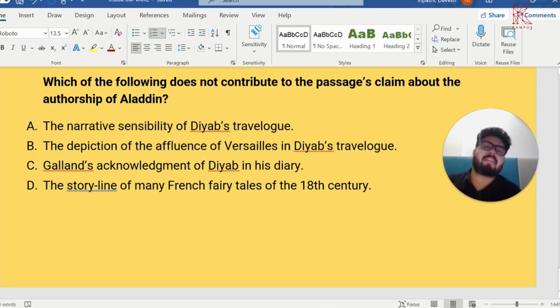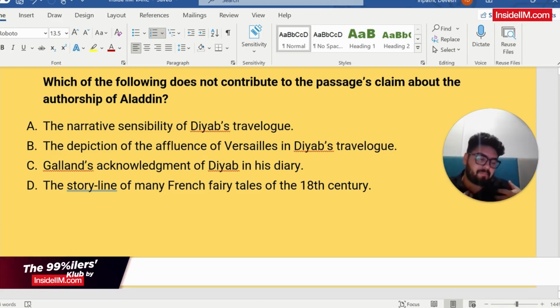People of Arab origin were more sensitive towards those riots, and this can be clearly described in the way Diab writes in his travelogue, and that resonates in Arabian Nights.